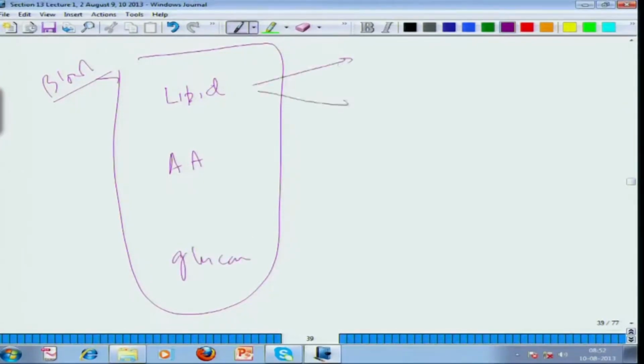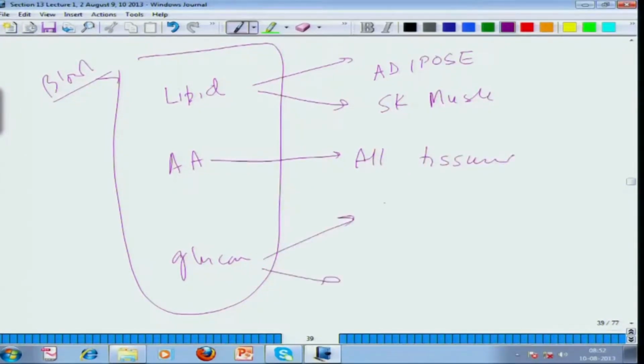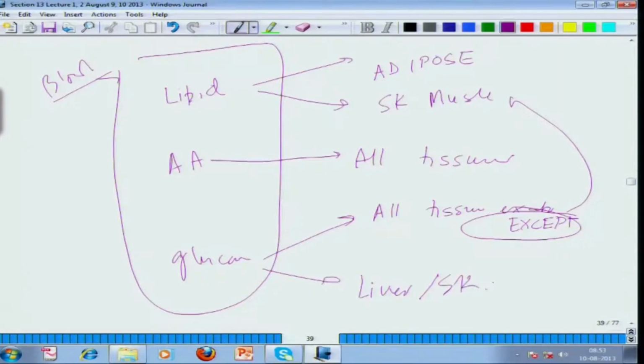Lipids are getting stored in adipose tissue and skeletal muscle, whereas amino acids are in pretty much all tissues. Everybody needs proteins. And glucose goes to the liver and skeletal muscle.